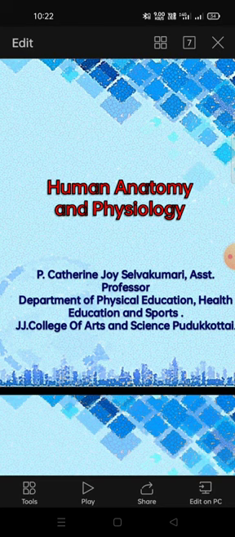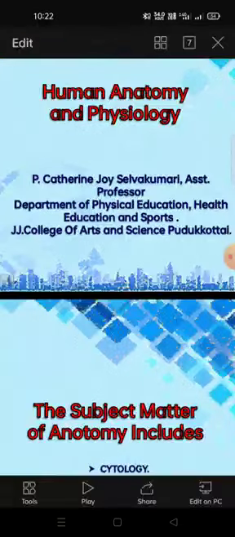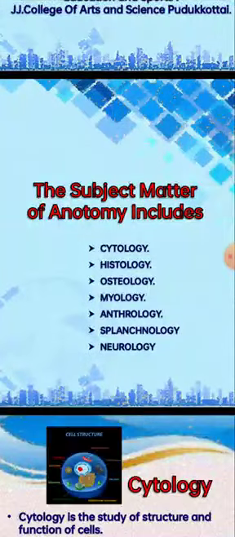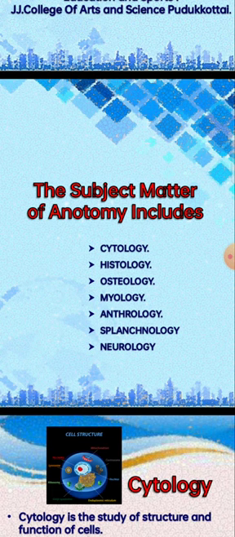As previously in the classes, I have taught you about the meaning and definitions of human anatomy and physiology. So what is anatomy and what is physiology? Now you would have known about the subject very clearly. And now we are going to study in detail the subjects which anatomy includes.